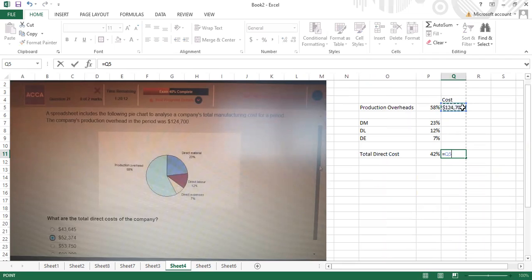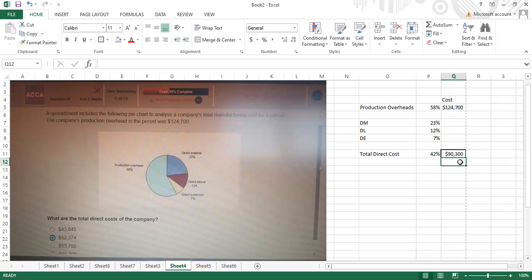Simply type this in your calculator: divide it by its base, which is 58 percent, and multiply with 42%, because it is asking for the total direct cost. So we just added these three up: direct material, direct labor, and direct expense. You will get the answer.